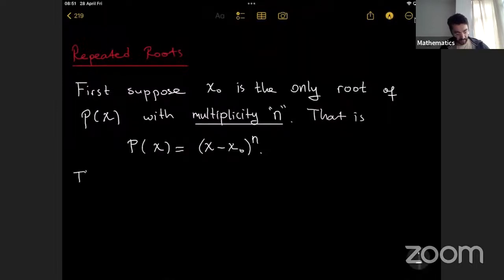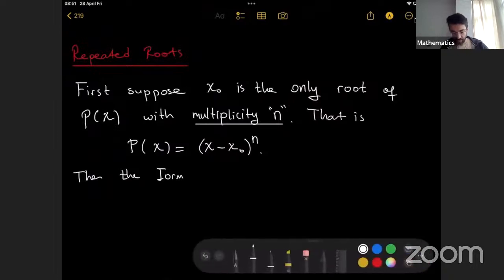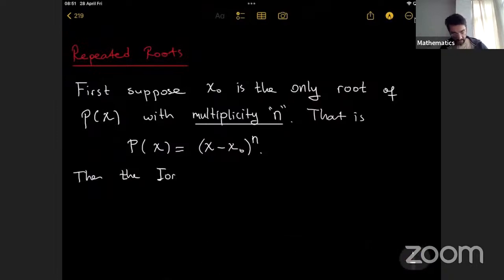Then the Jordan form, the Jordan block, let's say, because we have only one eigenvalue, the Jordan block is this matrix. On the diagonal, we will have lambda 0.